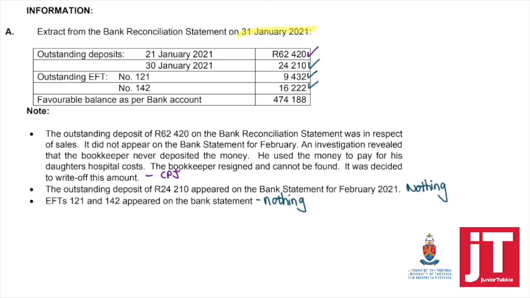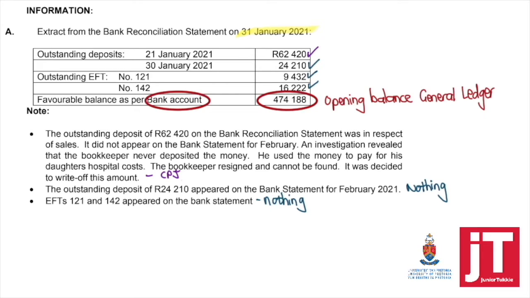Now, if you go to the previous bank recon, what is left? Favorable balance as per bank account. Reminder, the balance as per bank account is used as the opening balance in the general ledger. So circle that because you're going to need it when you complete the bank account.